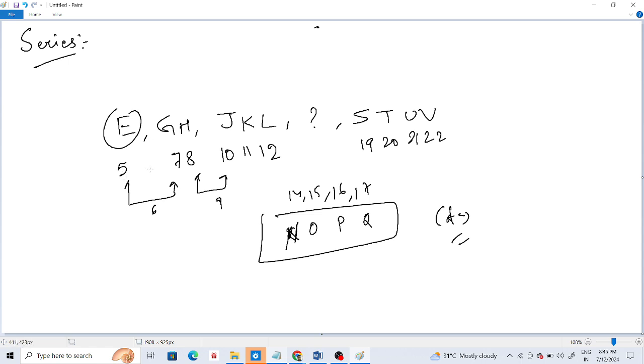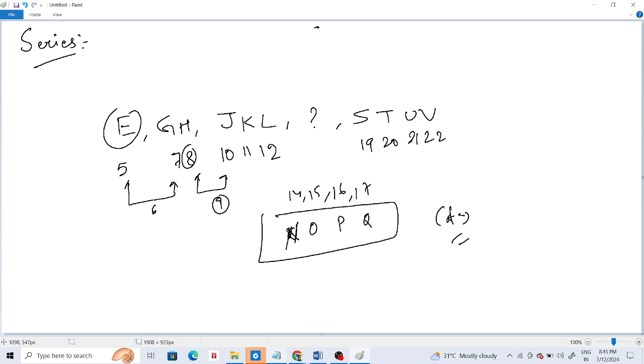After 5, 6 is missing, then we have 7 and 8. Then 9 is not there. Then 10, 11, 12. After every group, one number is missed. So after 12, 13 will be missed, and then 14, 15, 16, 17, and then 18 will be missed, and then 19, 20, 21, 22. So what are 14, 15, 16, 17? N, O, P, Q.